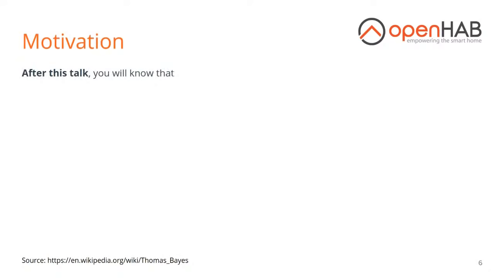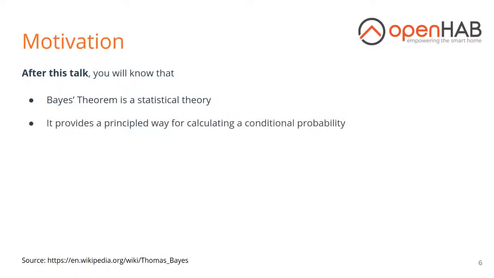Additionally, you will know some insights of the Bayes theorem at all. What is it? It's a statistical theory, a formula to calculate conditional probabilities. You also can say Bayes rule or Bayes law.